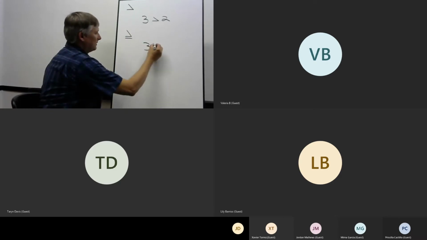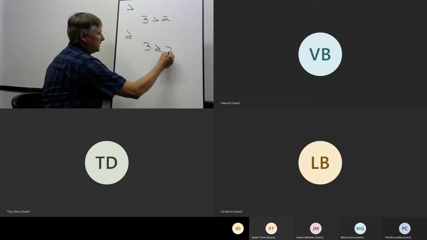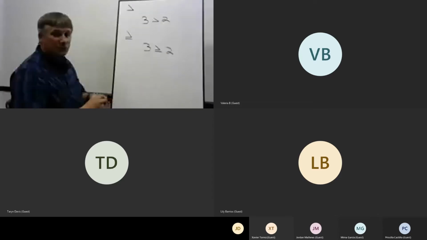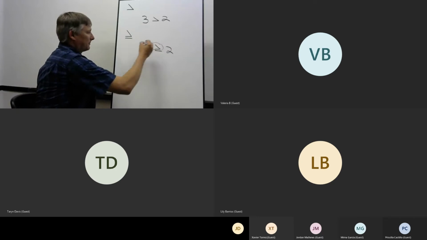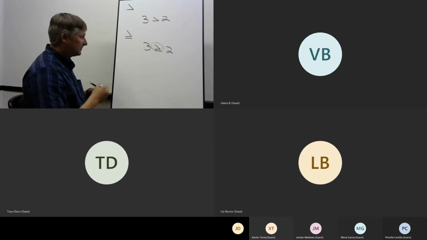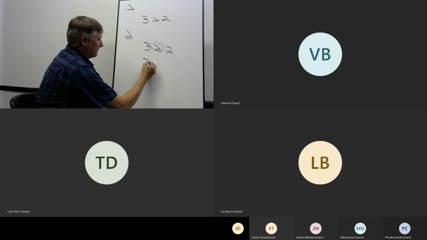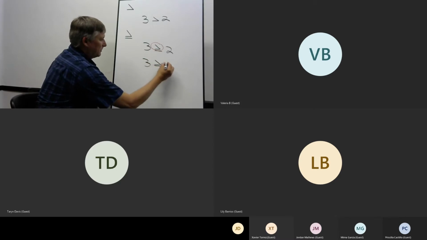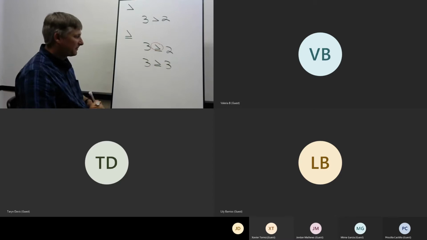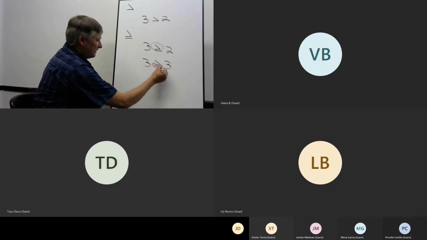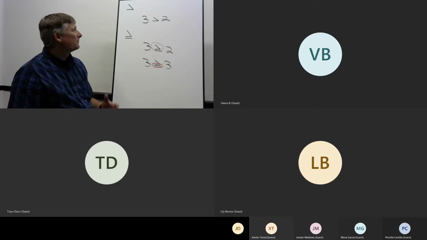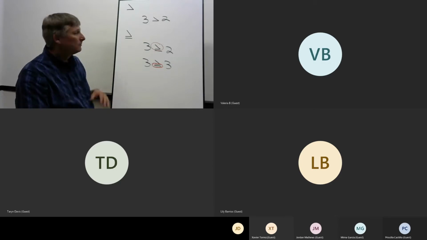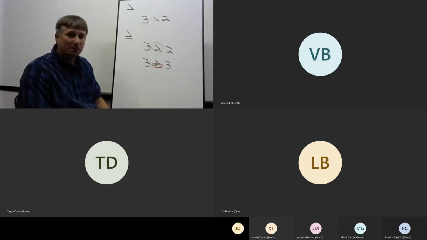And once again, 3 is greater than or equal to 2. And it's the greater than part that wins in this case. But likewise, 3 is greater than or equal to 3. And that's the part that wins. So we have less than or less than and equal to. We have greater than or greater than or equal to. So questions about that.